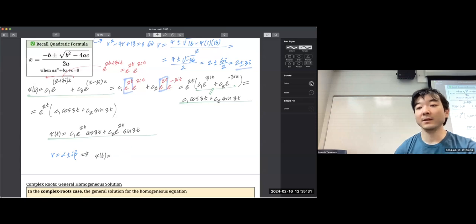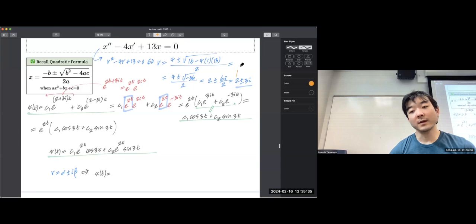So let's see where things ended up falling. Here, what's our alpha in this one? 2 is our alpha, and our beta is 3. It's the real and imaginary parts.